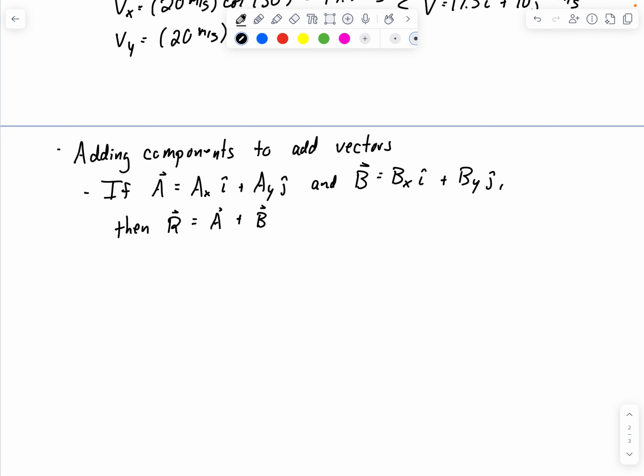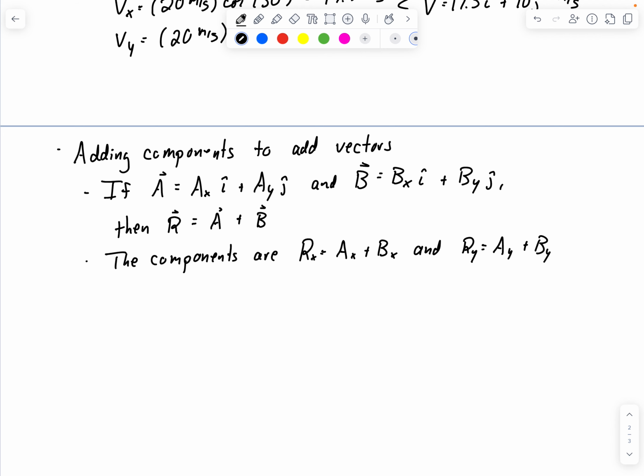We can add these two vectors together by adding the components. The components of this new vector R are R sub x, which is equal to A sub x plus B sub x, and R sub y is equal to A sub y plus B sub y.